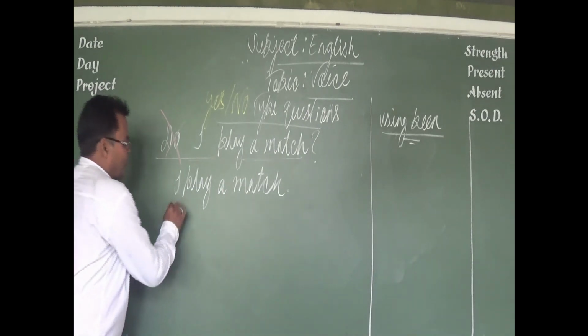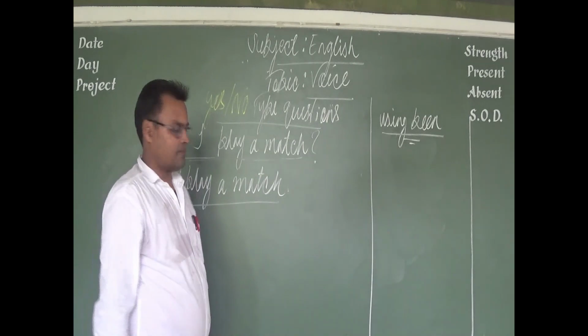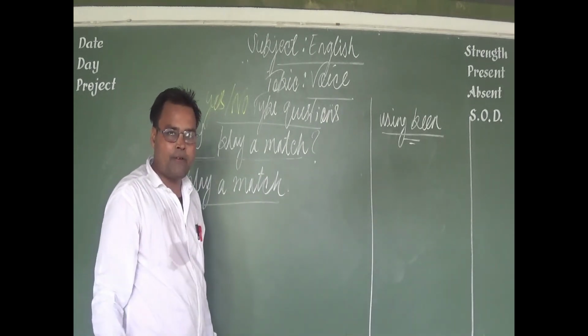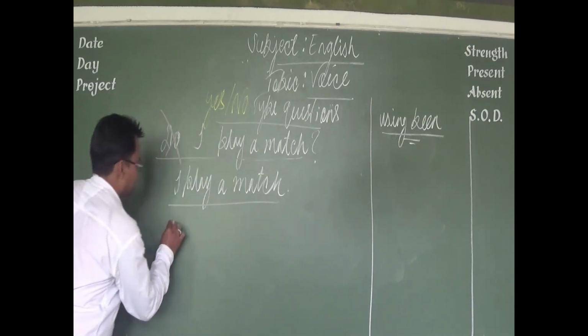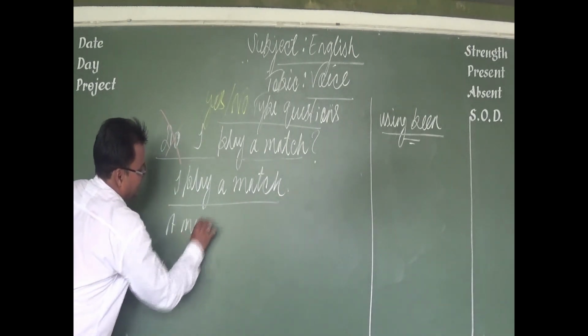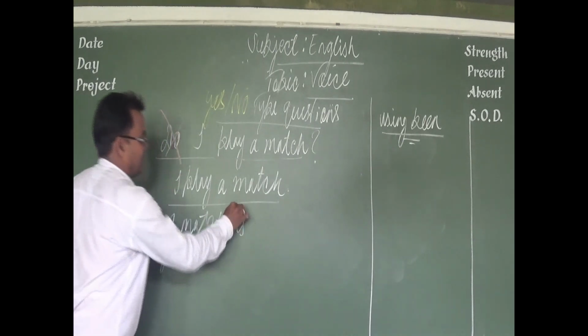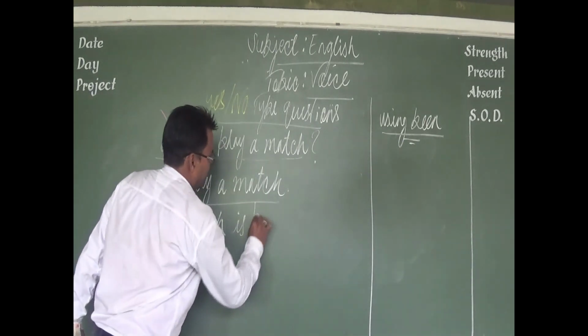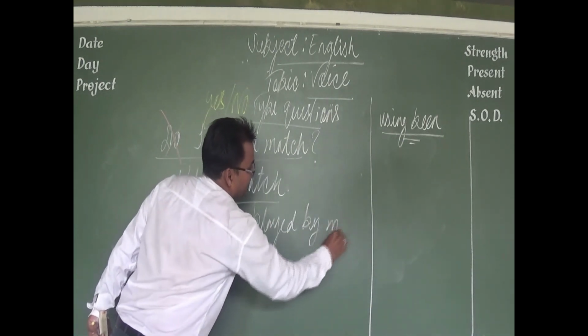Okay? So, what you have to do in the next step? Make it passive voice. What will be the passive voice of I play a match? A match is played by me.